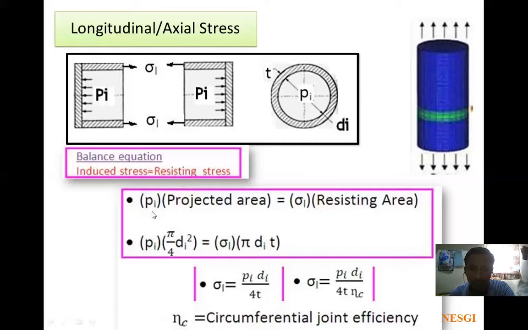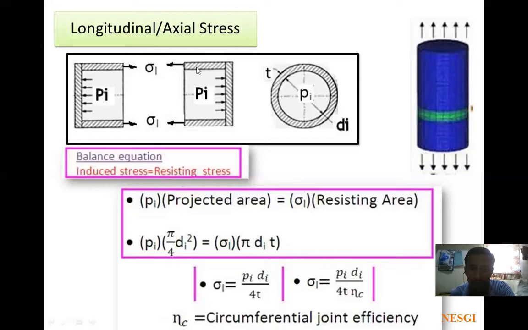So in this case, again pi into projected area. If you consider this section, force is the pressure into area. The area is projected, so the base, top and bottom is a circle. So projected area is pi by 4 into di square, equal to sigma L into resisting area.